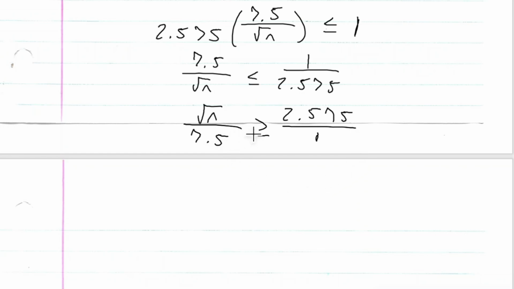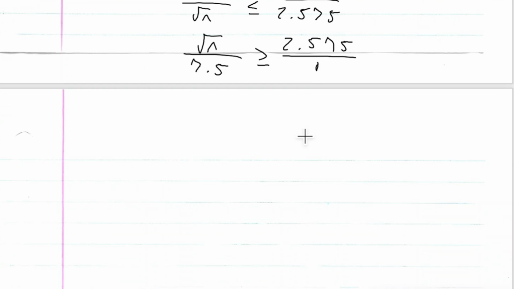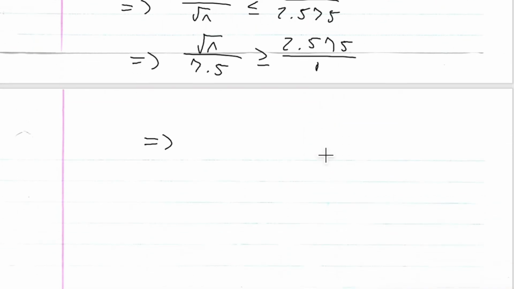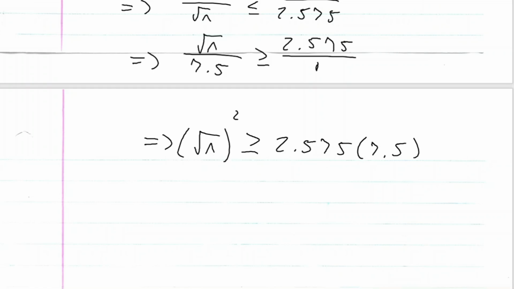Then we can multiply both sides by 7.5 to get, so let me put implies here, right? And this implies that the square root of n is bigger than or equal to 2.575 times 7.5. And now we can square both sides, right?